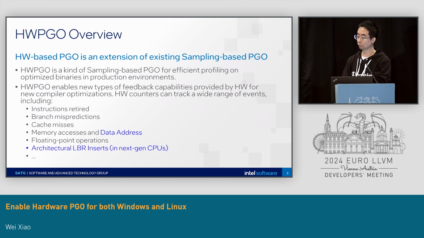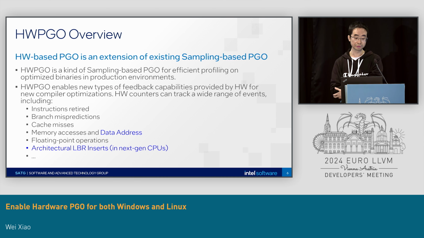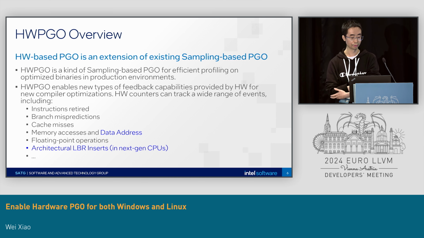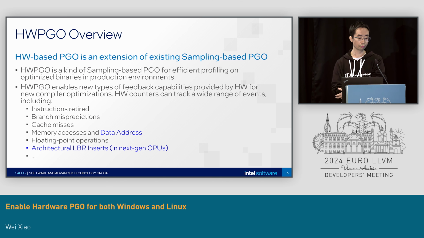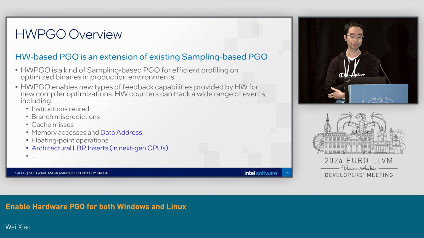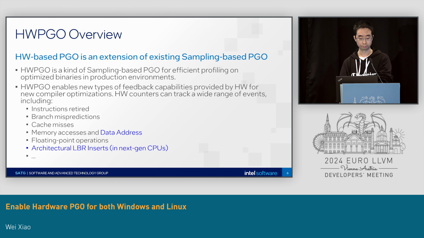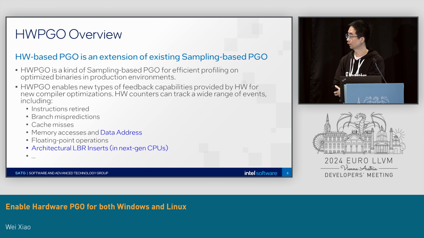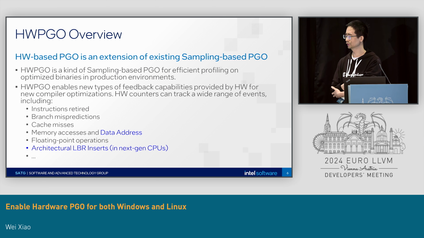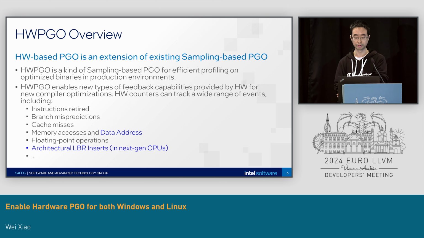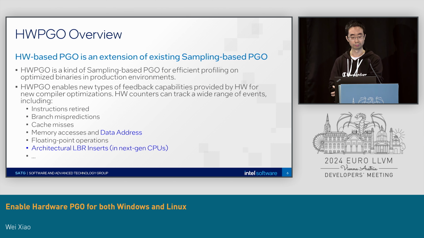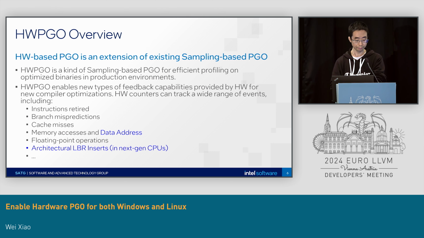So with all this advanced hardware profiling knowledge, we propose hardware-based PGO, which is an extension of existing sampling-based PGO. Essentially it's still a kind of sampling-based PGO for efficient profiling.